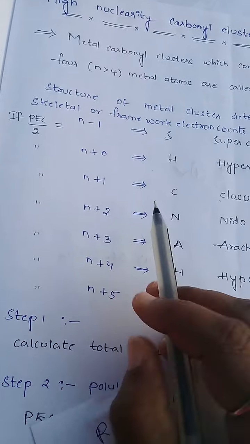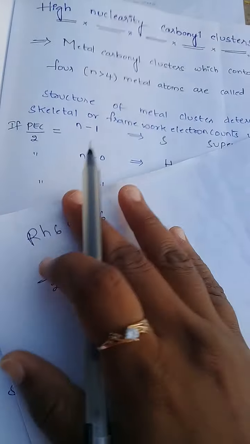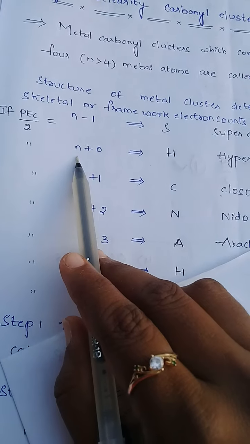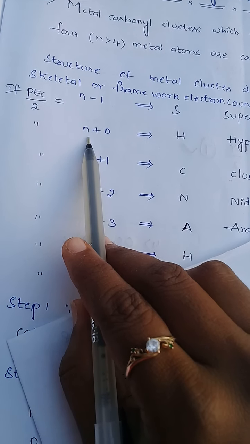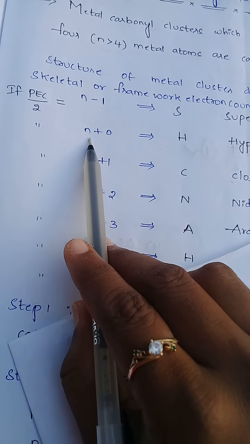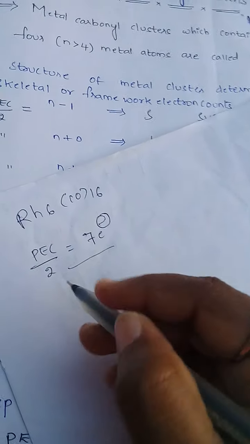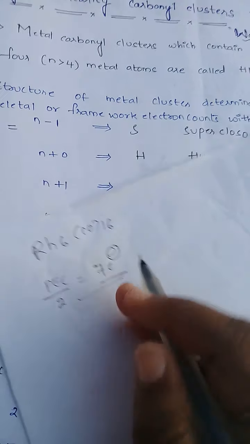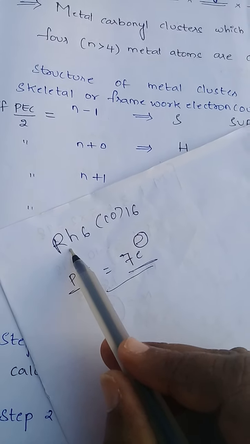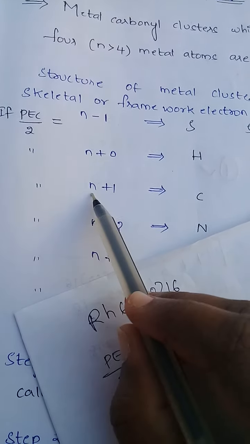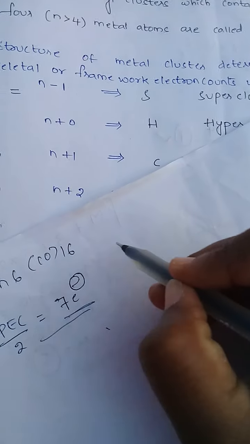See here, n is the number of metal atoms. How many metal atoms are there? 6 metal atoms. So 6 plus 1 equals 7.